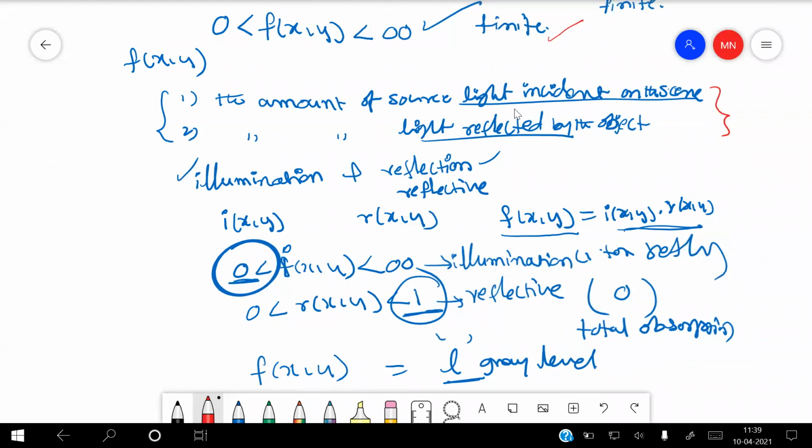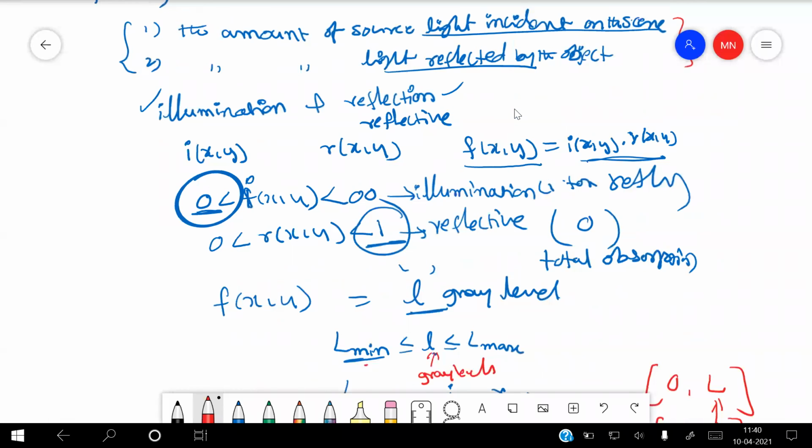The amount of source light incident on the scene is illumination, and the amount of light reflected by the object is reflectance. So the energy is the combination of both illumination and reflectance: f(x,y) = i(x,y) times r(x,y). The product of these two gives the energy.